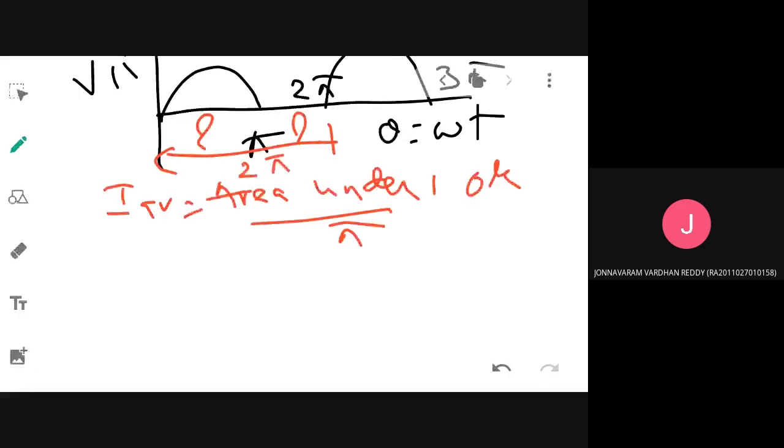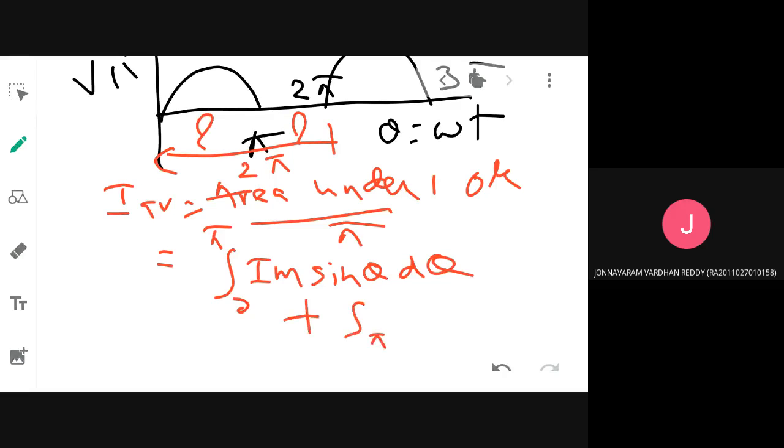So you have to split up the equation accordingly. Suppose I am writing the area under this, you have to split it into two sections. From 0 to pi, the answer is Im into sine theta d theta. Then plus from pi to 2 pi, what is the value of I?